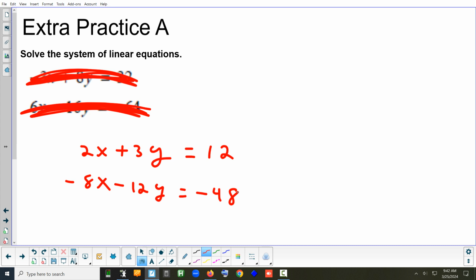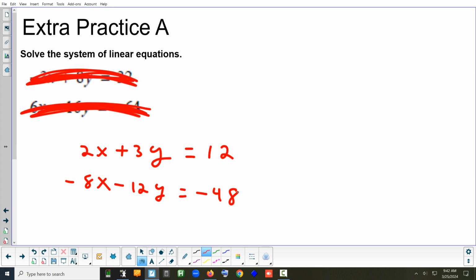No. If it was, you'd have a letter by itself on one side, and in this case, we don't. So what method is it set up for? Elimination. So, first step: do you already have same letter, same number, opposite signs? No. Then we need to make that happen.